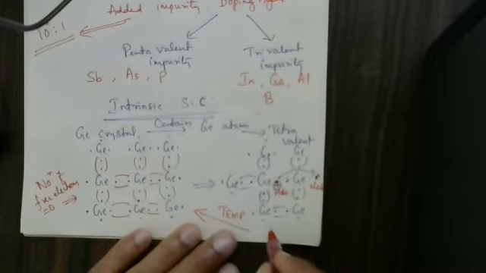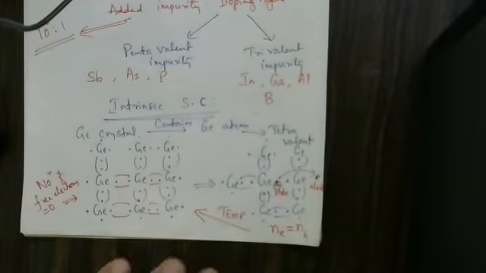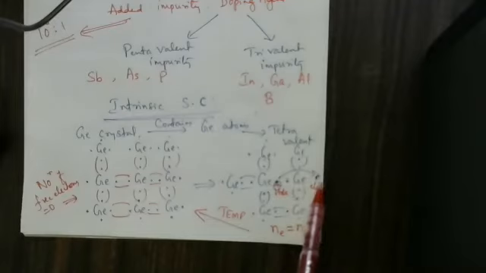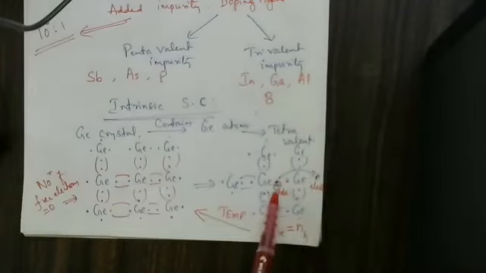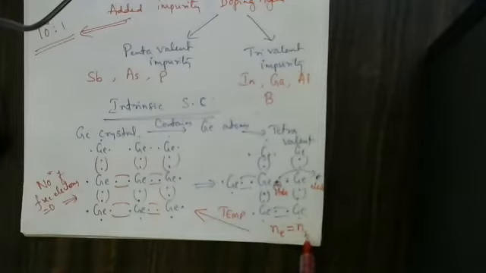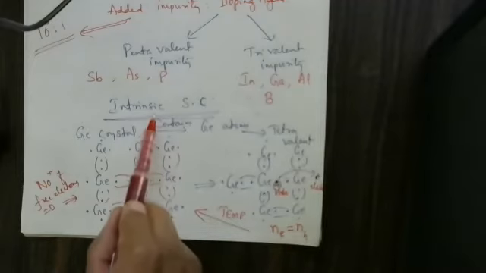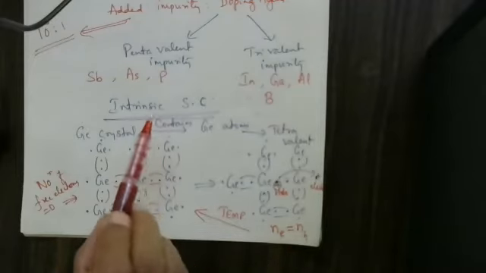How many holes are created, that many electrons are present. How many electrons are shifting here, that many holes are created. Hence, electric current due to the electrons is equal to the electric current due to the holes in the case of intrinsic semiconductor.